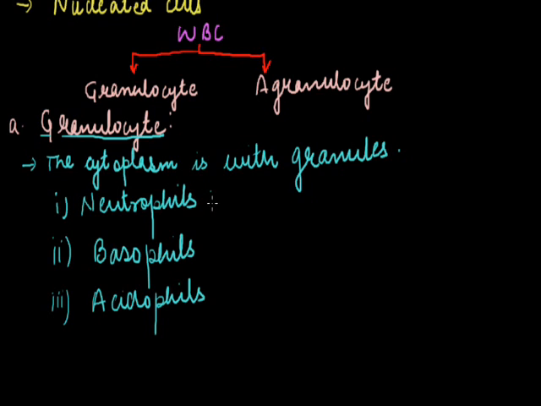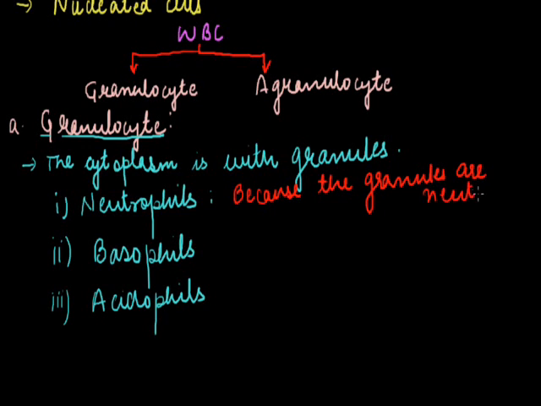The neutrophils are called neutrophils because the granules present in the cytoplasm are neutral. They are neither acidic nor basic. Whereas in case of basophil, the granules stain with basic dye.